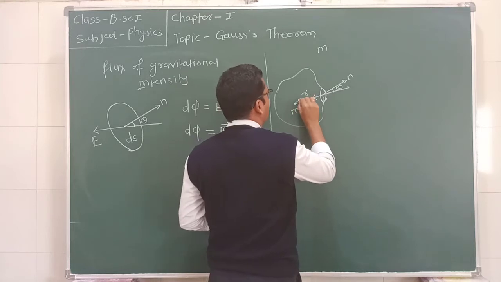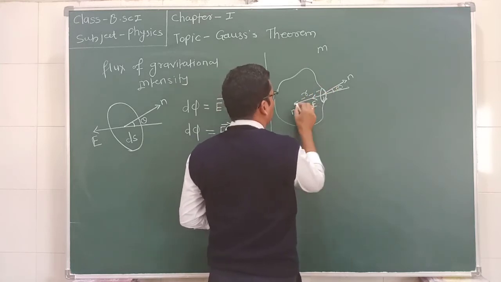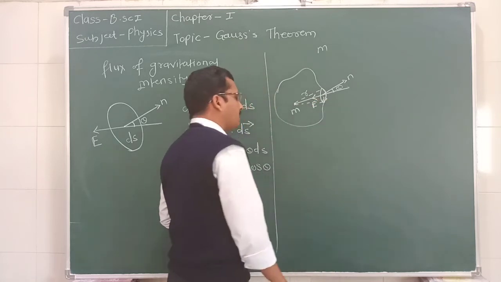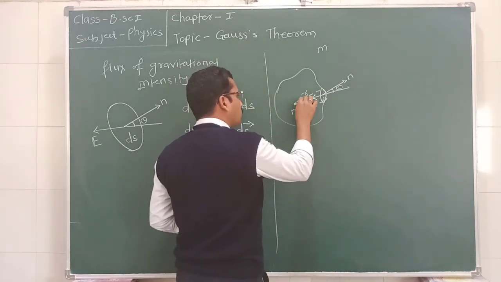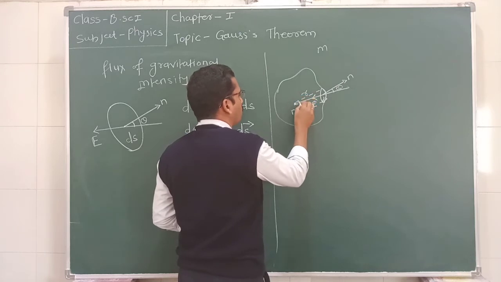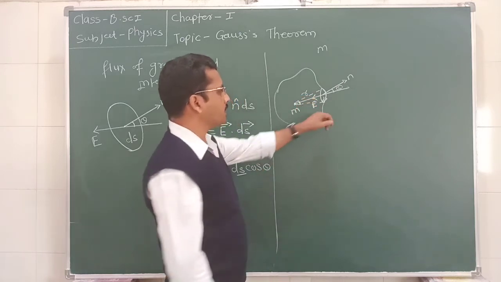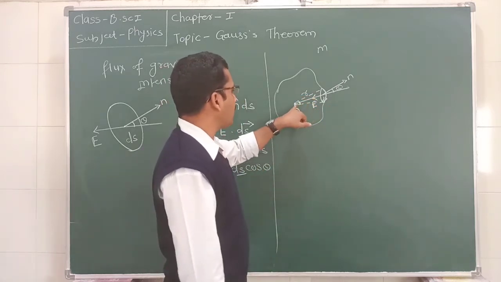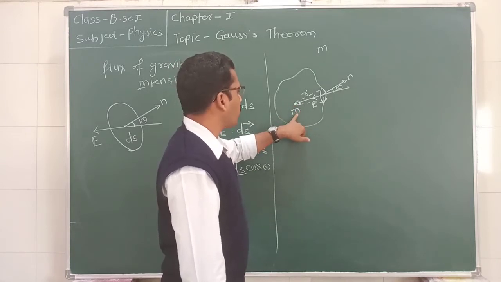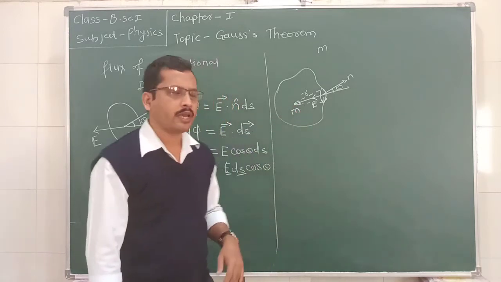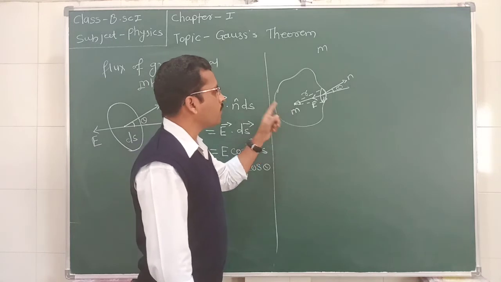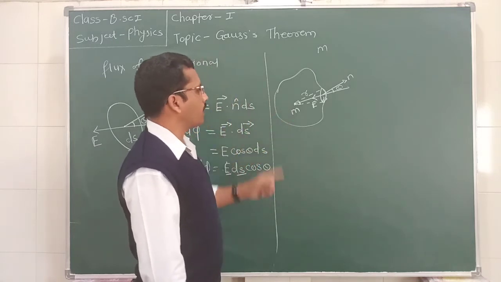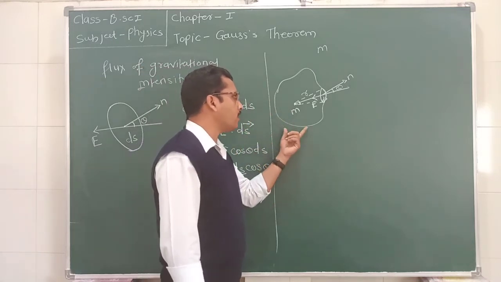So we can draw a structure like this, which represents the solid angle made by the surface ds at the point of mass m. Okay, so this is the diagram which represents the Gauss theorem. How can we prove this Gauss theorem?